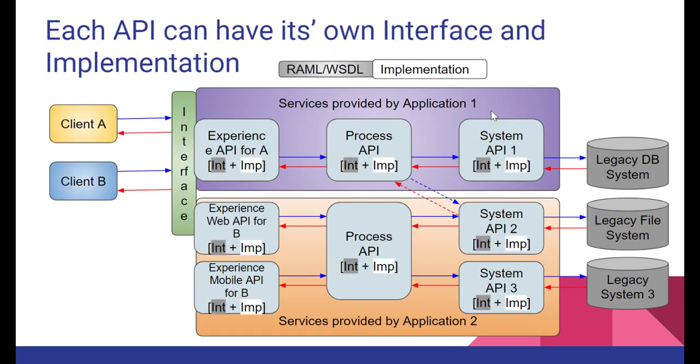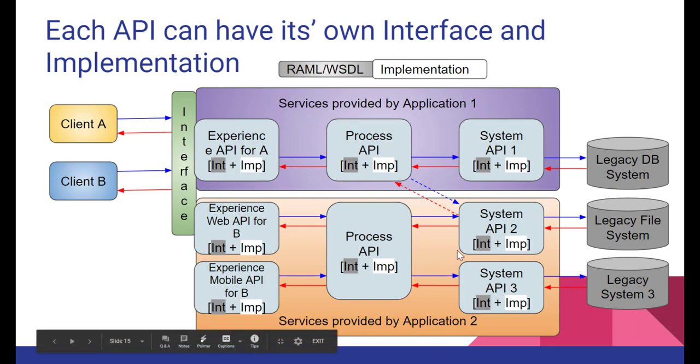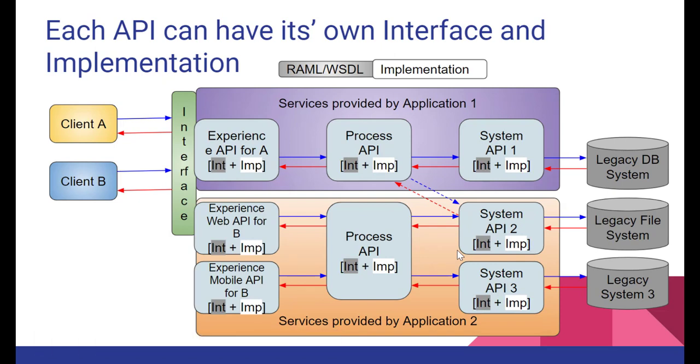So now, as I have mentioned, experience API, process API and system API, all of them will be having their own interface as well as implementation. So as you can see, I have mentioned the interface here as well as the implementation. So this basically makes them loosely coupled. So there is no tight binding with each other.